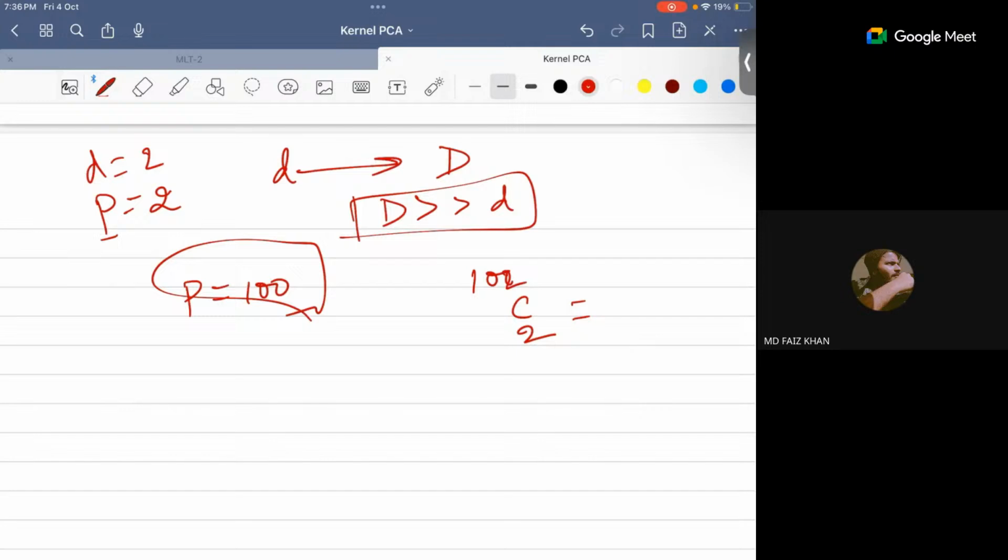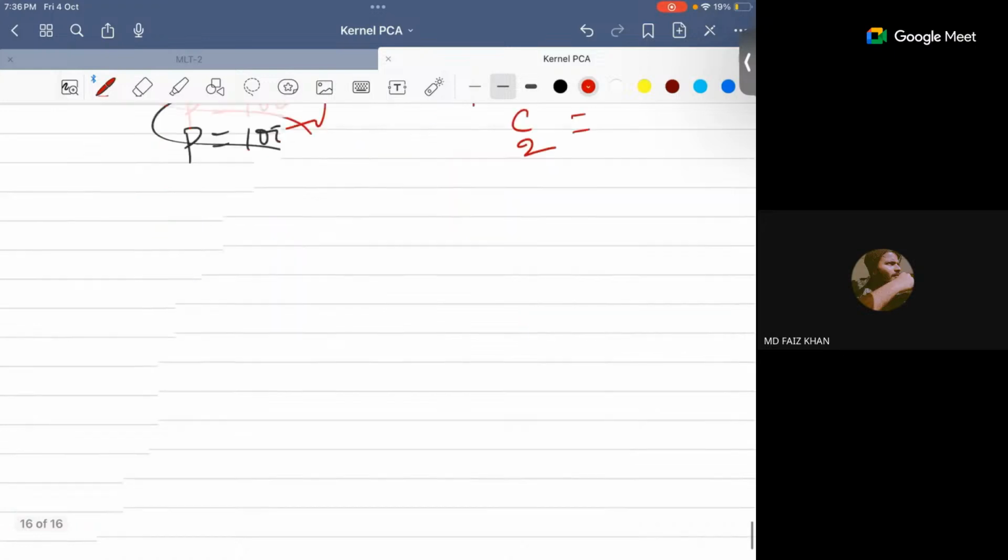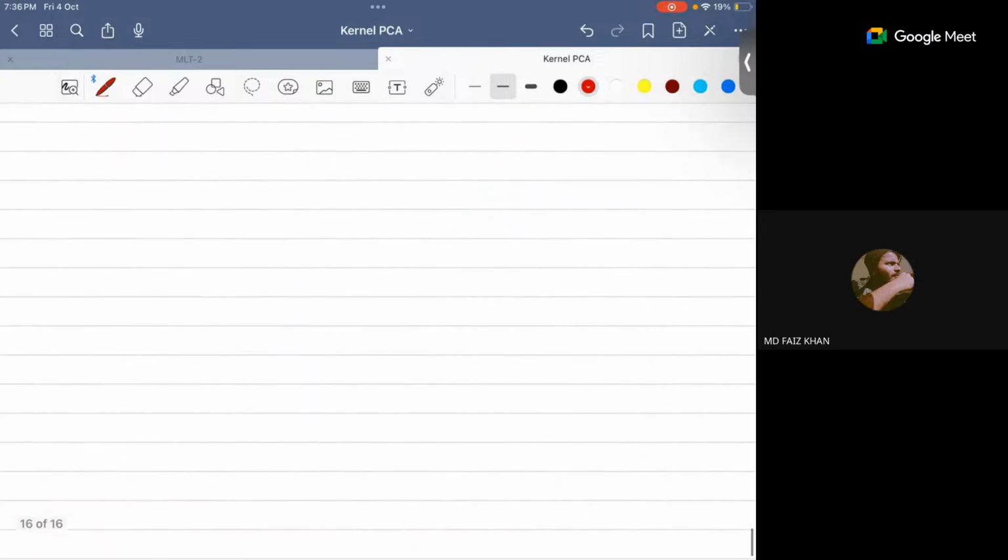So now after finding the kernel function, because it gives us the dot product and we need the dot product only, I'll try to explain how this whole kernel principal component analysis algorithm will work if we are going to some bigger dimension. So the first step: now we have that polynomial kernel function.